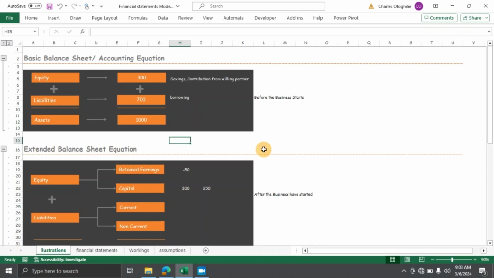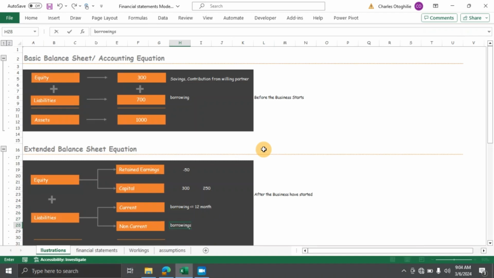Here, there might be borrowings that you would pay within 12 months, not more than 12 months. So let's say borrowings that are less than or equal to 12 months. You get it? And here we're talking about borrowings.